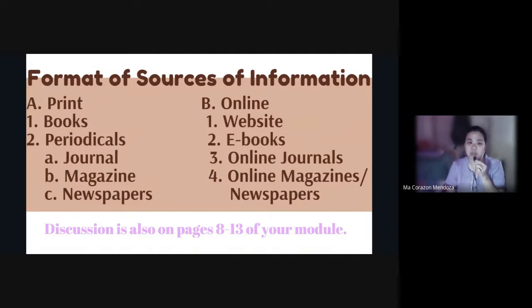Under periodicals, we have journal, magazine, newspapers. For online, of course, it needs internet connection in order for us to access them. We have website, ebooks or electronic books, online journals, online magazines, and newspapers.